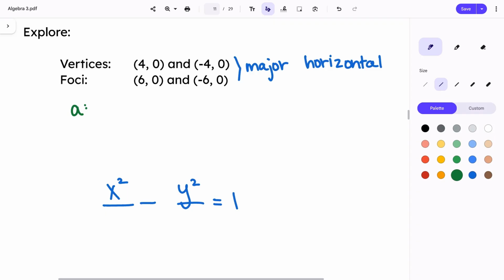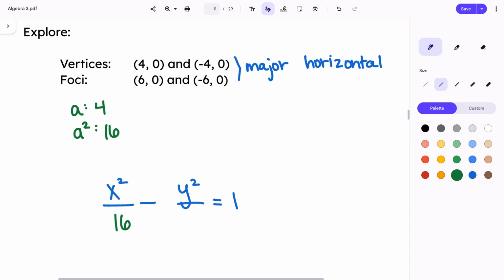The 4, because it comes from your vertices. A is always going to represent vertices. So a is 4, so a squared is 16. So that should go underneath the x squared down here. So 16, we can go ahead and just drop it in there.